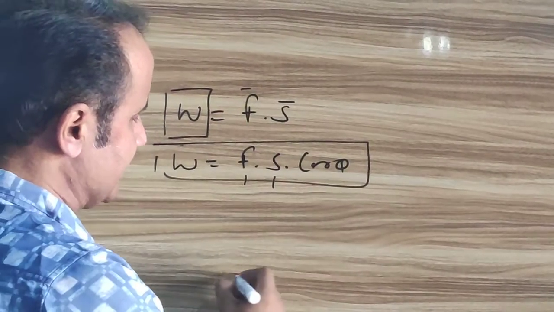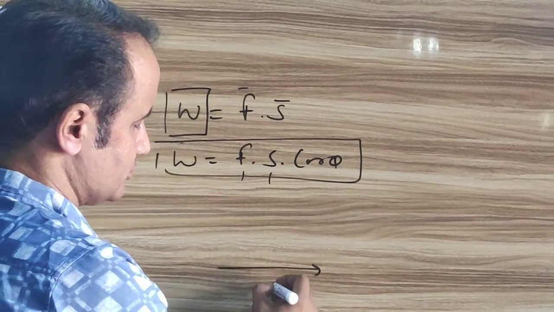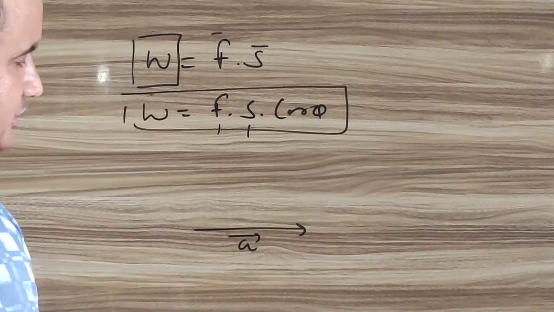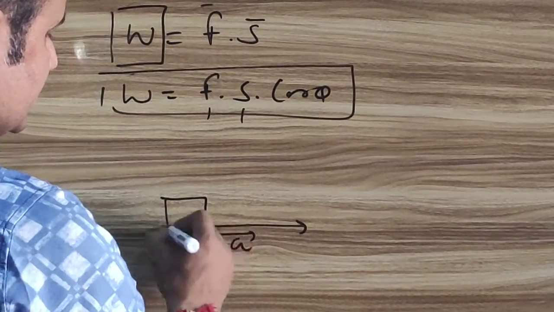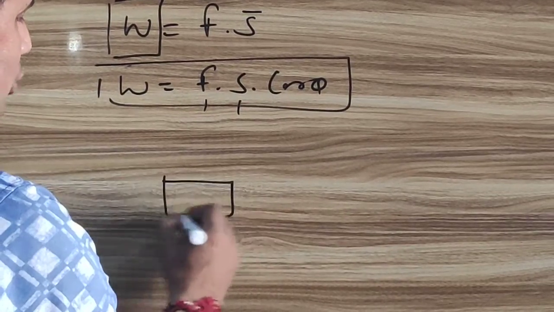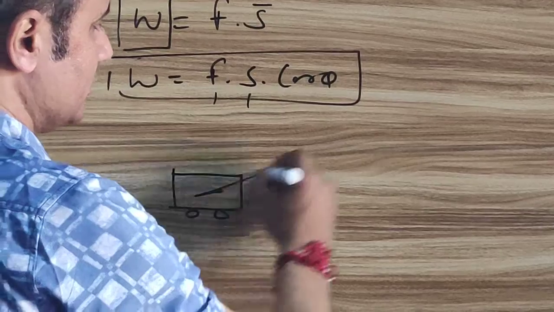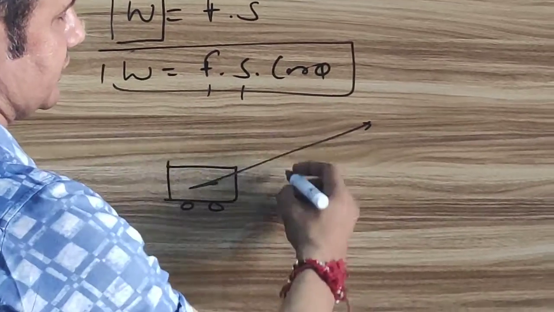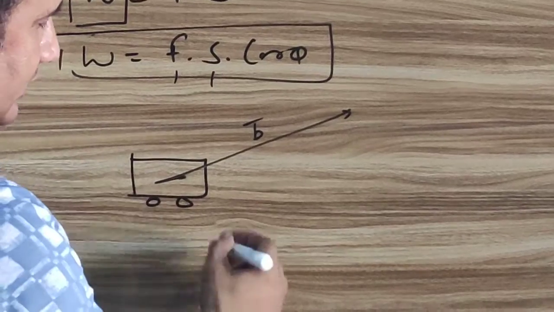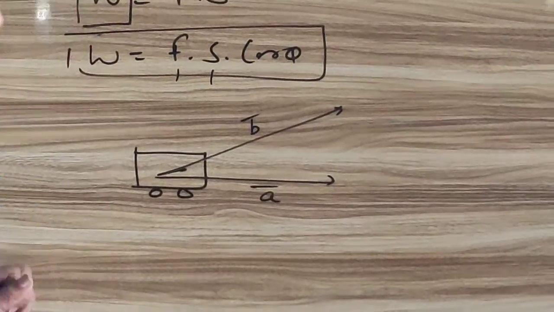Let's say you have a toy car, and you pull this car in this direction with a particular force, say B Newton or B vector, and it displaces by A vector.